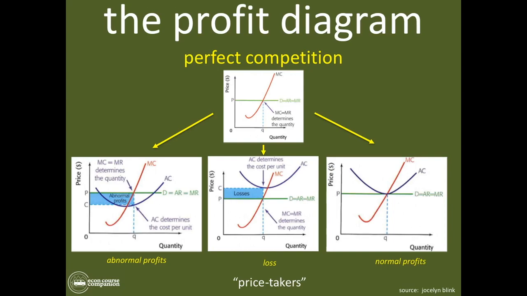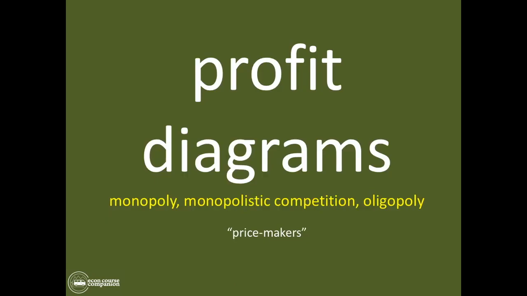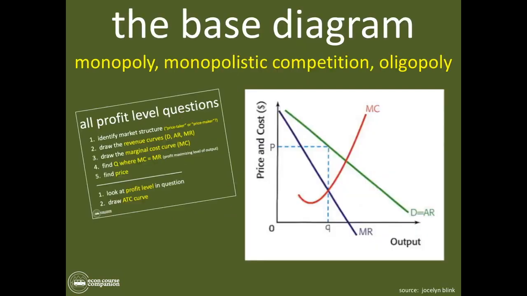Okay, now let's check out the profit diagrams for the other market structures, which we are now calling the price maker's market structure. All right, and those price makers are monopoly, monopolistic competition, and oligopoly. What their base diagram is going to look like is as follows on this page.